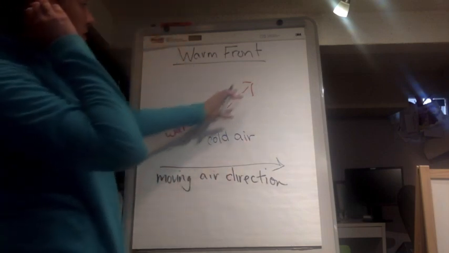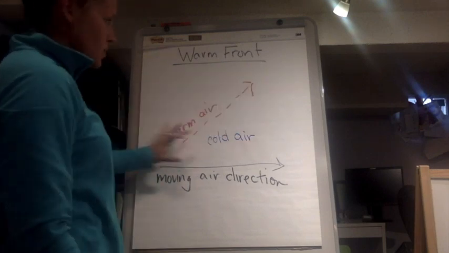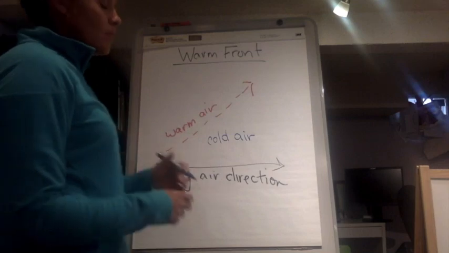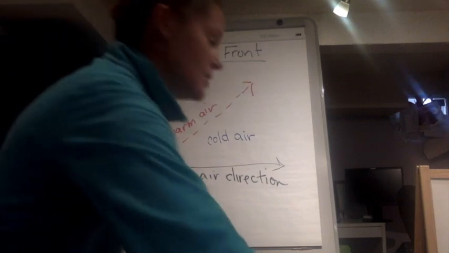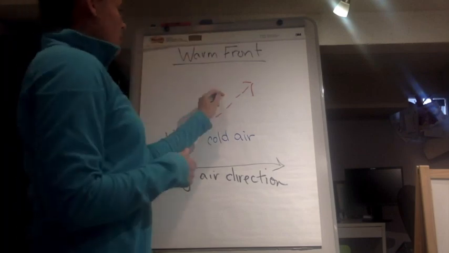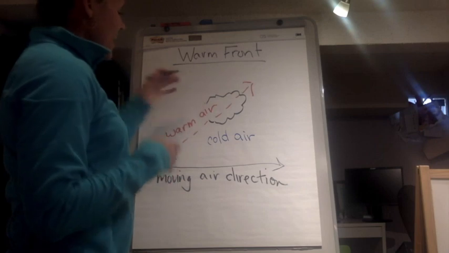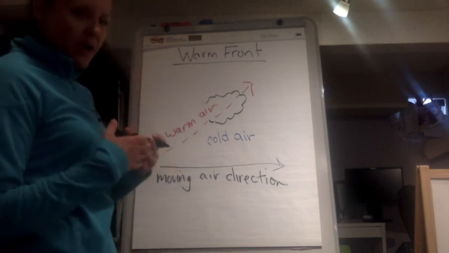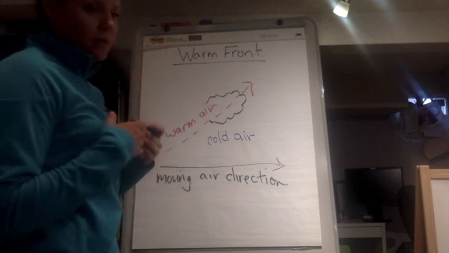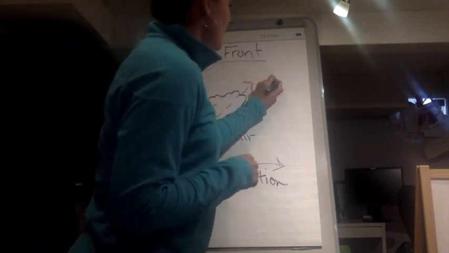And so as this overtakes it slower, right, because it's warmer and so it's rising up because it's going in this direction, we can anticipate seeing some clouds and rainy weather that will collect, but it will be slower and it won't be as severe as that cold front would be. So it's going to form some clouds, doesn't move as quickly.